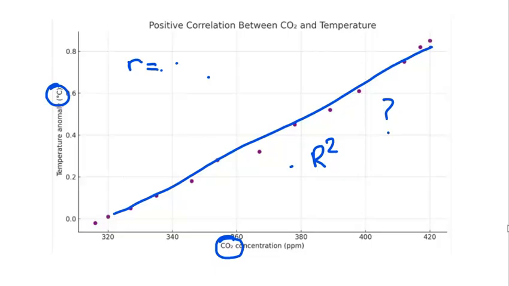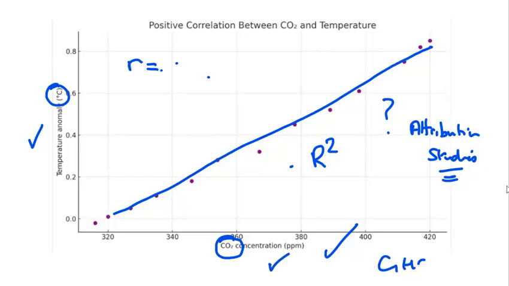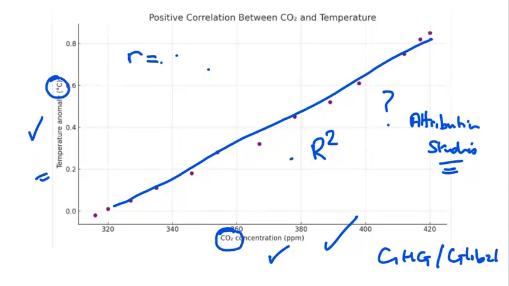The question, though, as to whether the carbon dioxide levels are bringing about the changes in the temperature levels is based on what are called attribution studies. And these are the mechanisms by which increases in atmospheric greenhouse gases lead to increases in global temperatures, and then the impact that they will have on the environment.